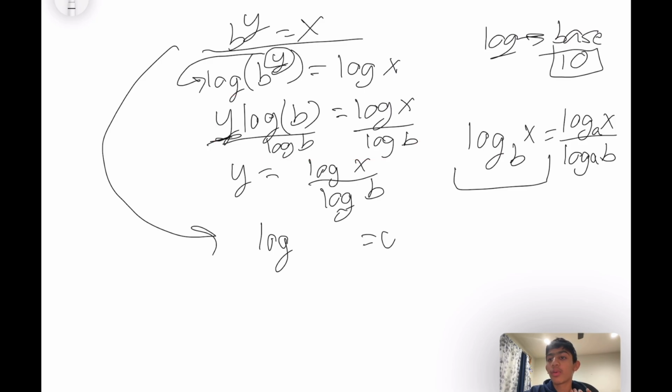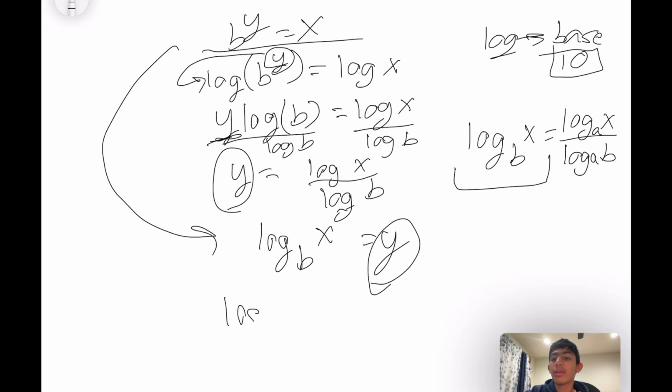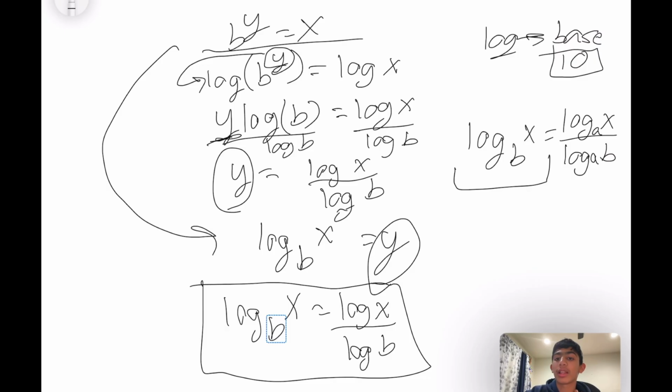So we're trying to find y. So log base b of x is equal to y. Another way of writing b to the power of y is equal to x. Now since both of these evaluate to y, we can say log base b of x is equal to log x over log b, which is just the change of base formula.